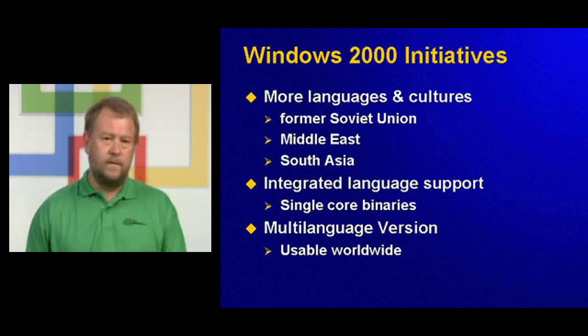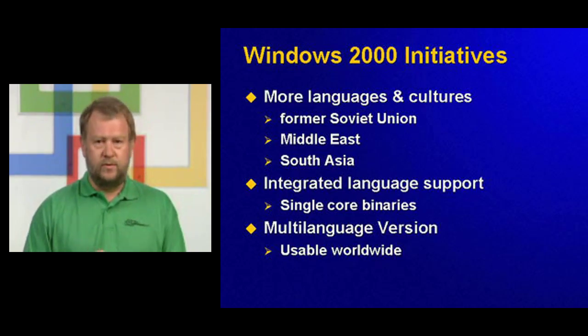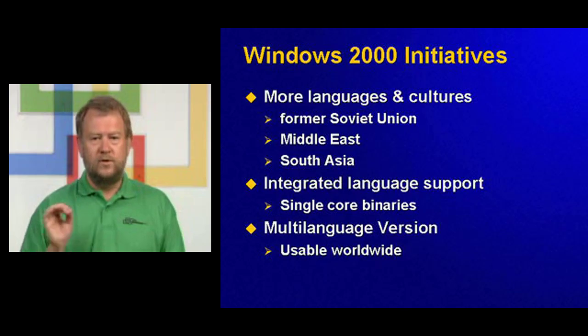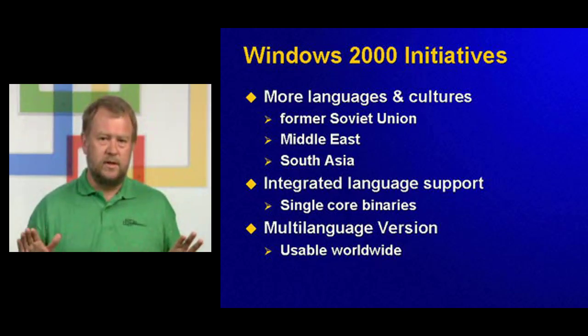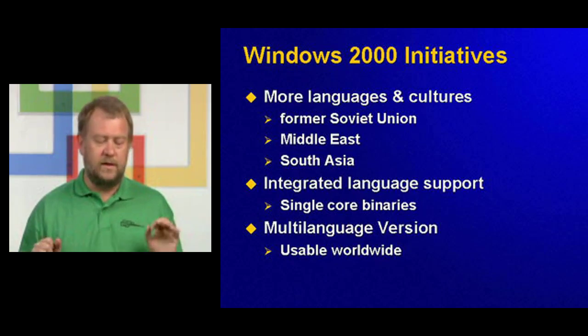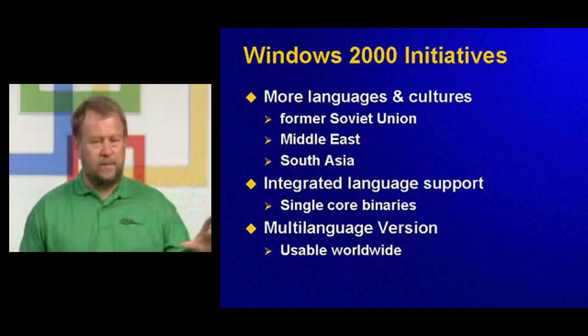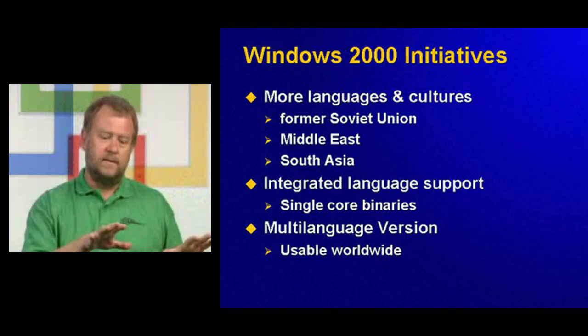We've also added a second major feature to Windows 2000, which is integrated language support. And what that means is that Windows 2000 is based on a single set of core binary files. And so every version of Windows 2000 is enabled for all supported languages, instead of having a separate Japanese version and a Korean version and an Arabic version and so on.